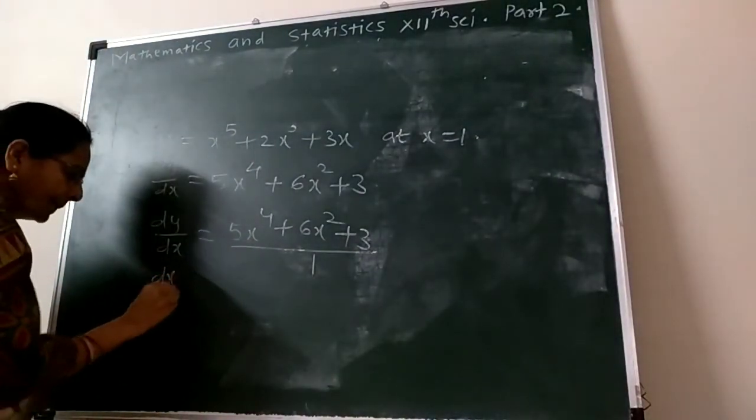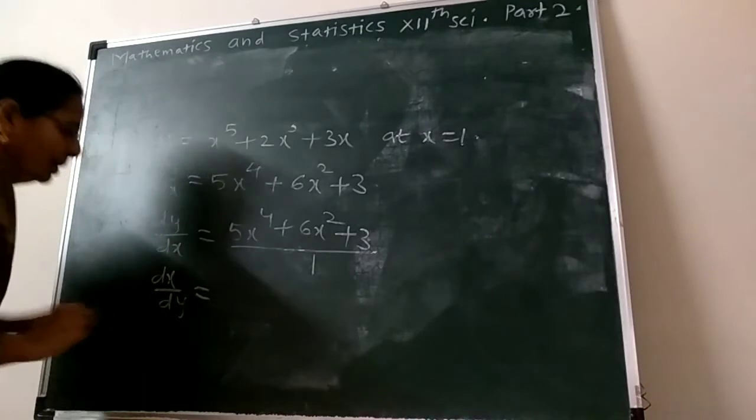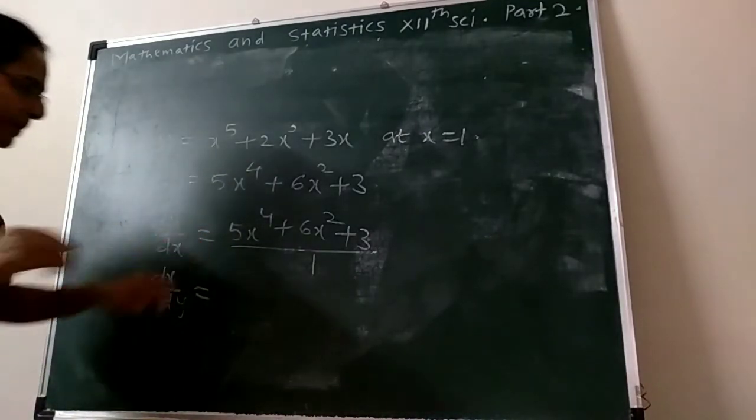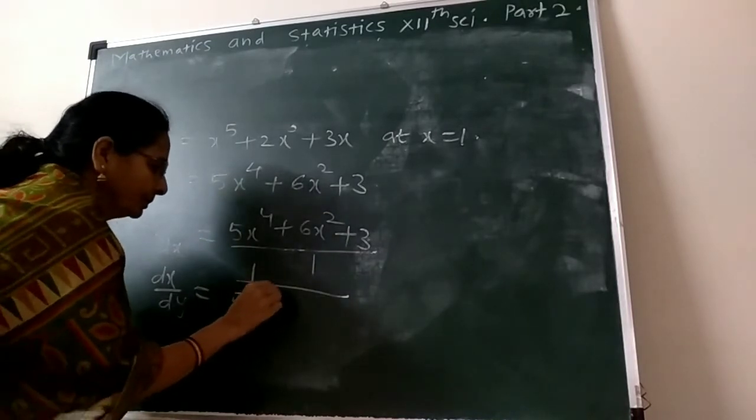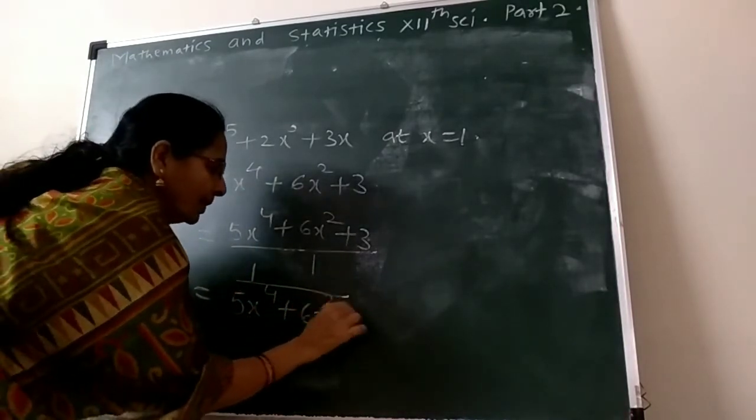So dx by dy, the inverse, is 1 upon 5x raised to 4 plus 6x square plus 3.